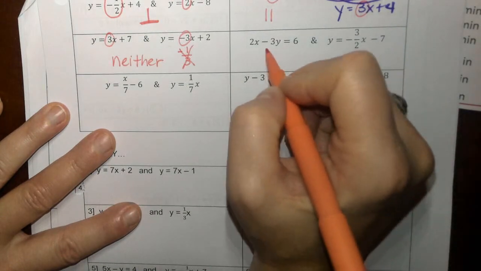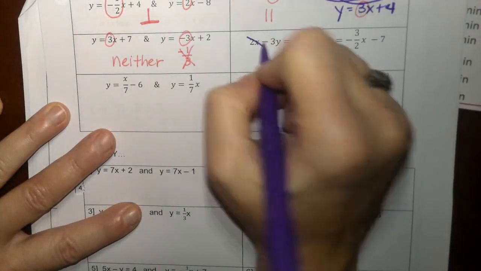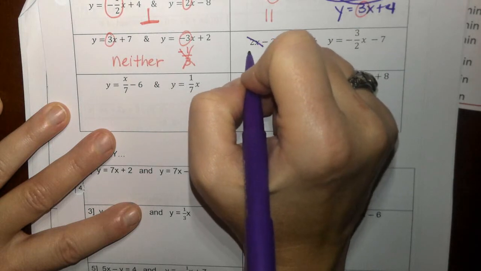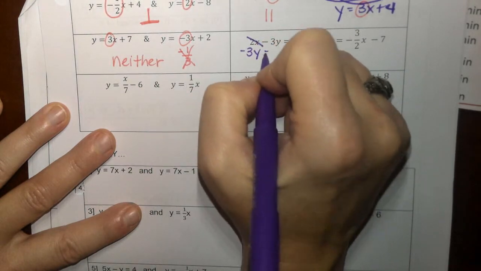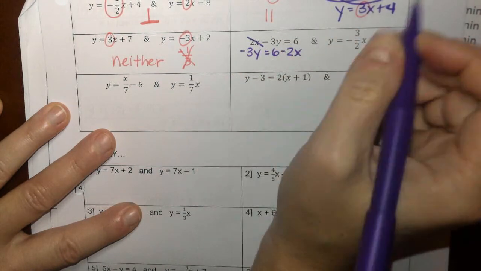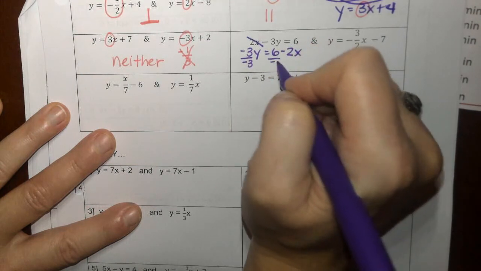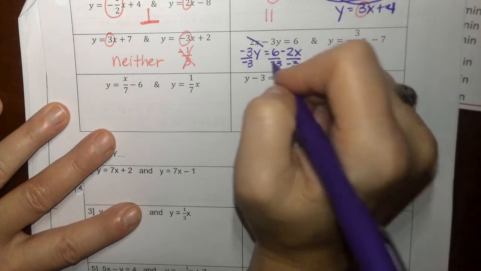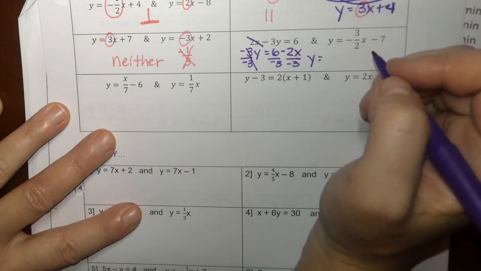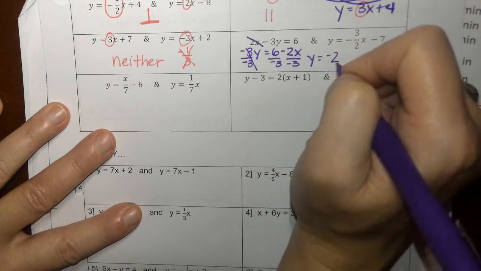This one, we need to put into y equals. So we're going to end up with 3y equals 6. We're going to subtract 2x from both sides, smooth that over, and then now we need to divide by negative 3. And you get y equals 6 divided by 3 is negative 2.